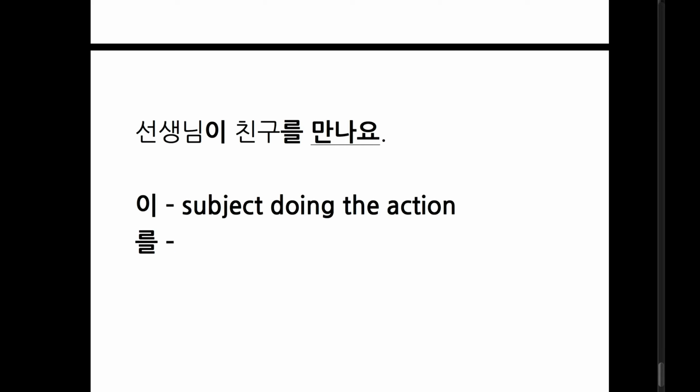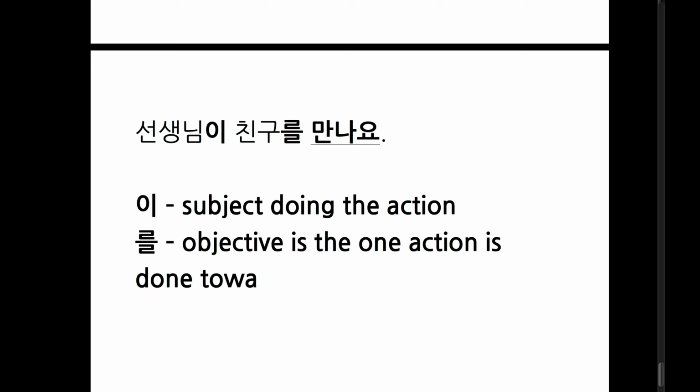Really, what does an object marker mean? It tells you that 선생님 is doing the action to the 친구. So object, or what I prefer to call objective, is the one the action is done towards. 선생님 is the one who does the action.